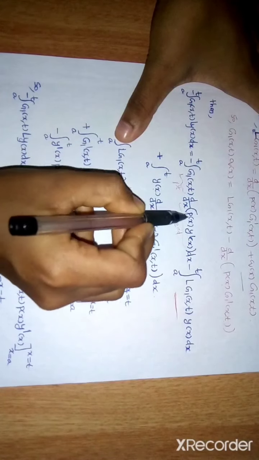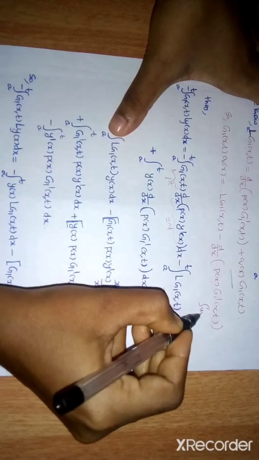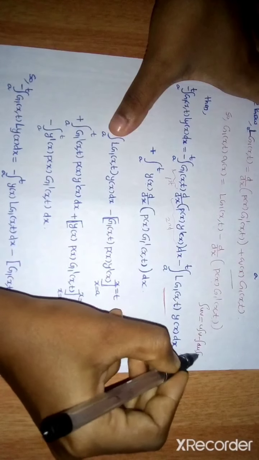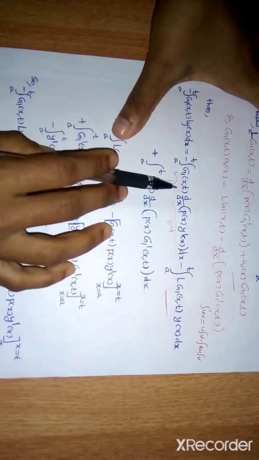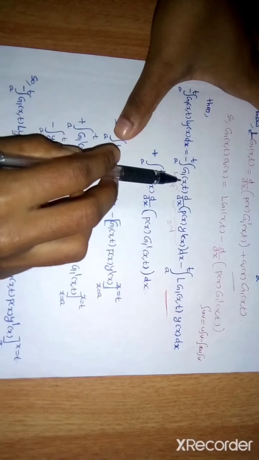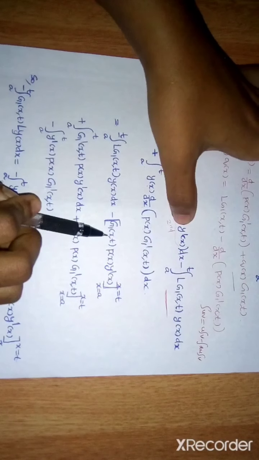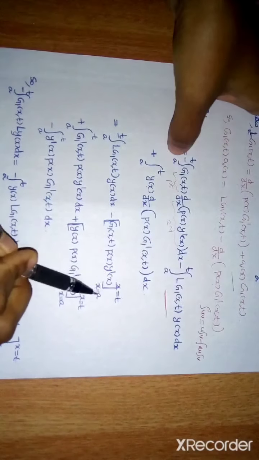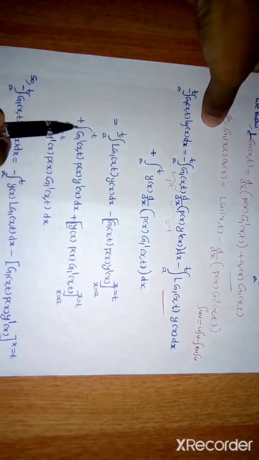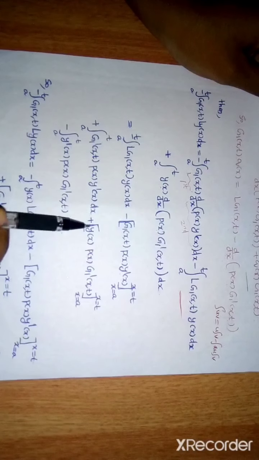We can write it like this, because we know integration of uv equals u into the integral of v minus integral of du times integral of v, and we can apply that. Then we get g1 of xt, the integral of this term becomes p of x y dash of x, and apply the limit a to t, then minus, plus, g1 dash of xt p of x y dash of x dx plus.